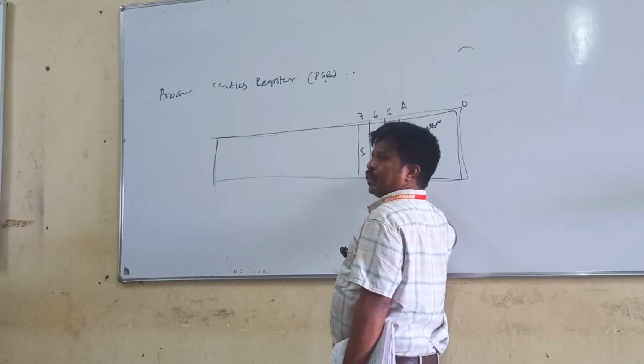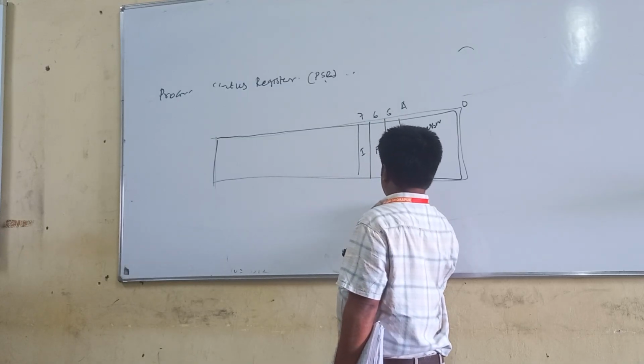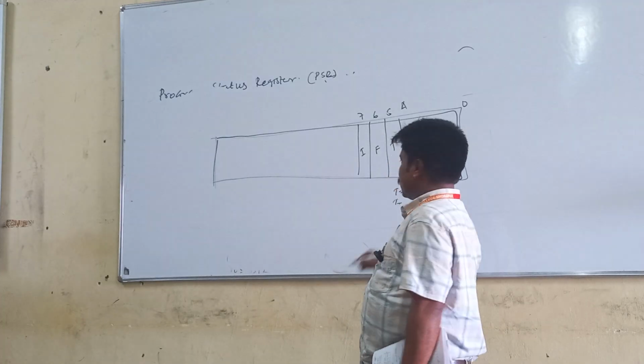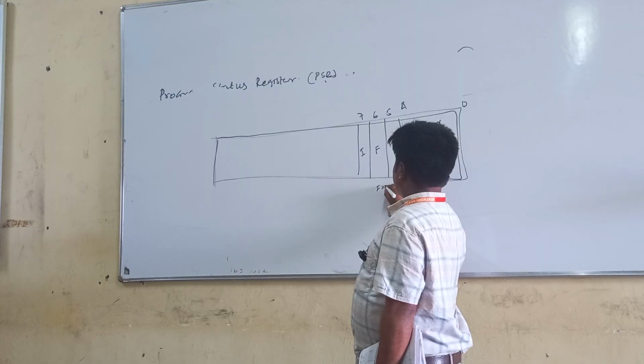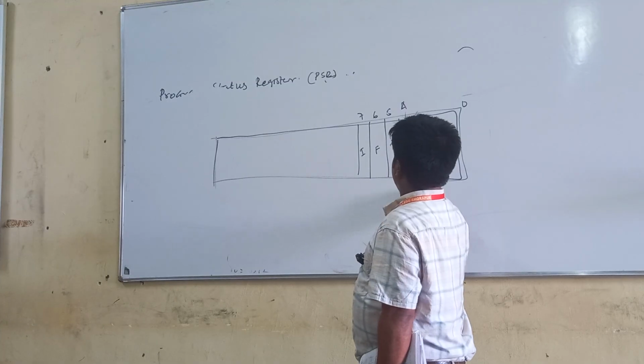If my instructions are running thumb instructions, T equals 1. If it is running normal ARM7 instructions, T becomes 0. If the fast interrupt is going, F becomes 1, otherwise it becomes 0. These are the fields.